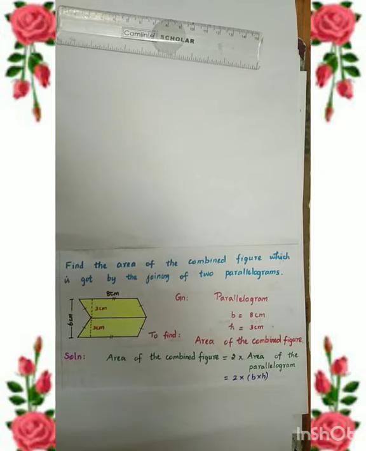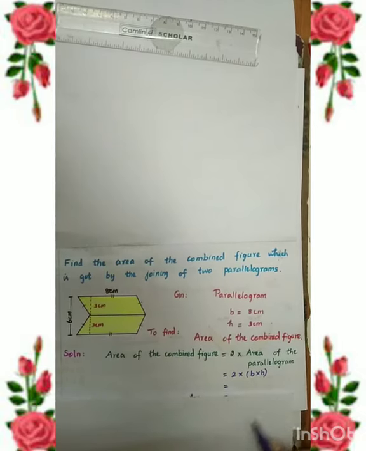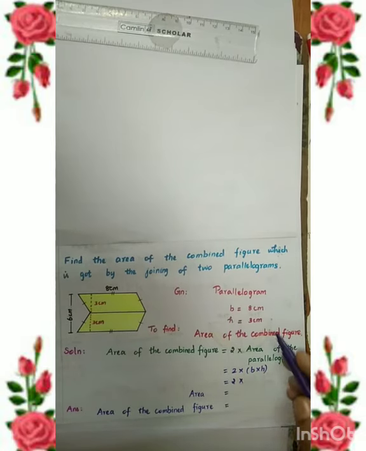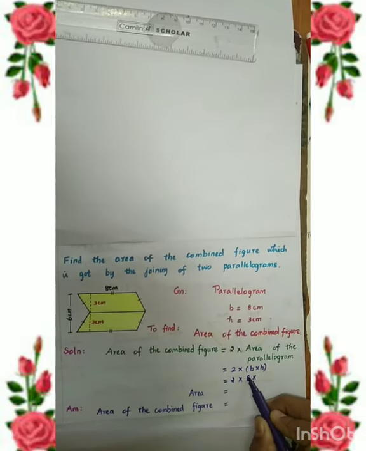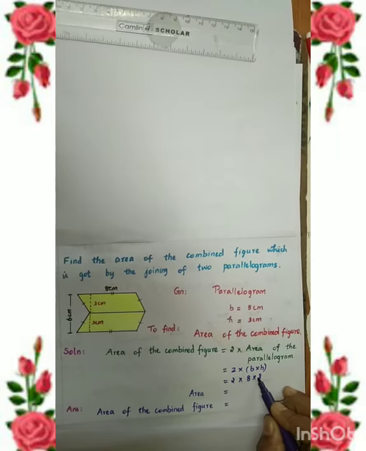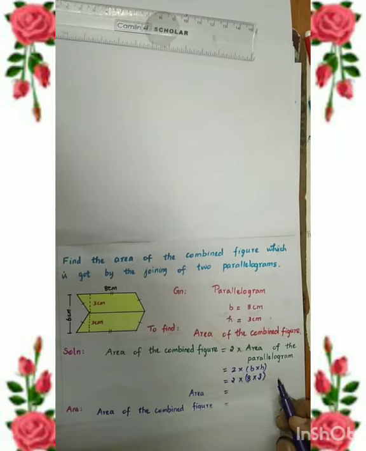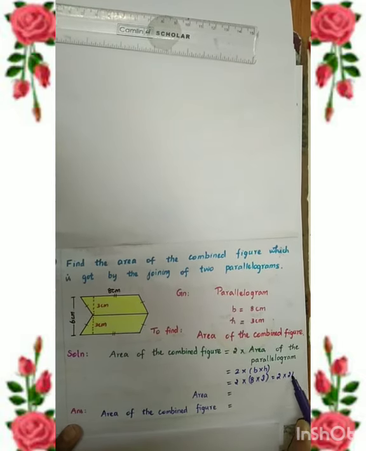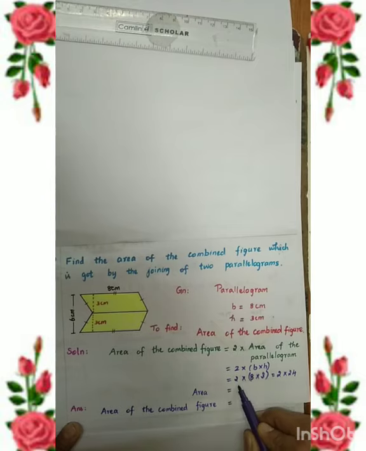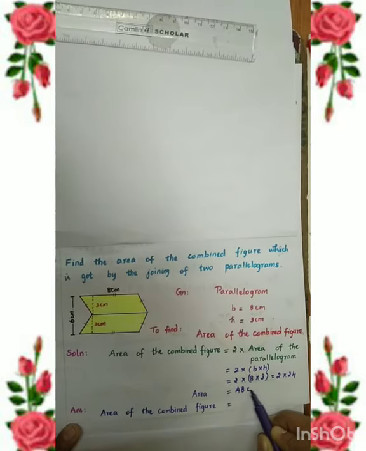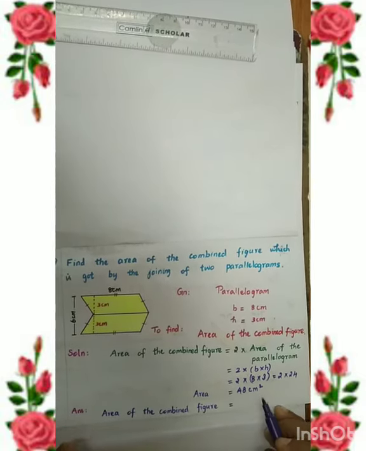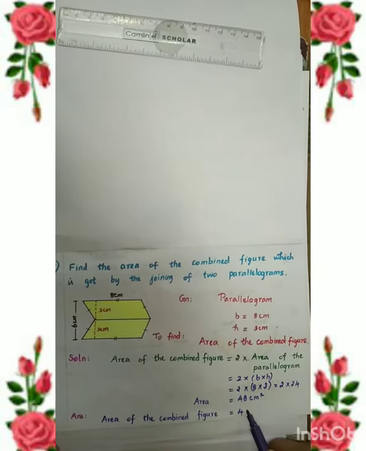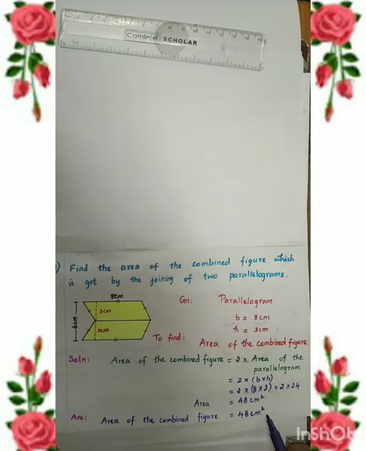Area of the parallelogram formula is base into height, that is 2 into base is 8 and the height is 3, that is 2 into 24. 2 24s are 48 centimeter square. That is the area of the combined figure. So the answer is 48 centimeter square.